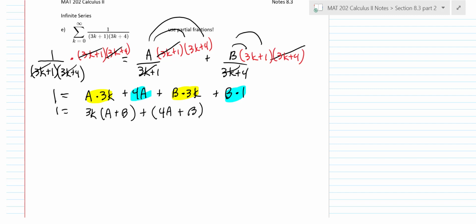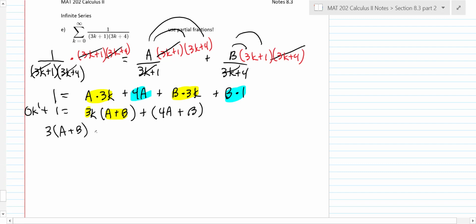Now let's see if we know this. Can you tell me what A plus B would have to be equal to? You even have the 3 there also. Is there a power of k out here? There's not a k to the first or something like that. Technically, you could think of there as being a 0k to the first, right? So that means 3 times (A plus B) is equal to 0.